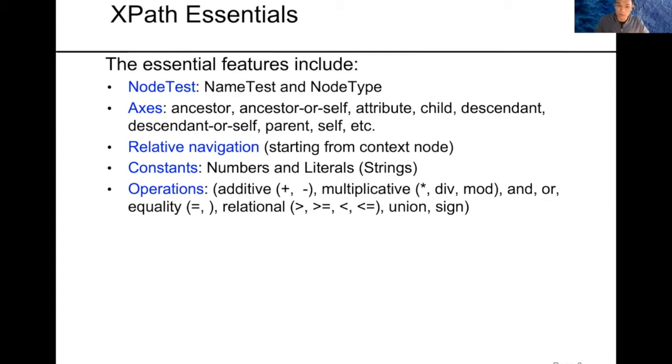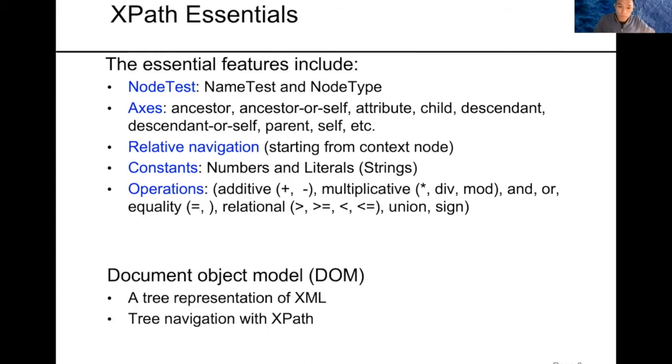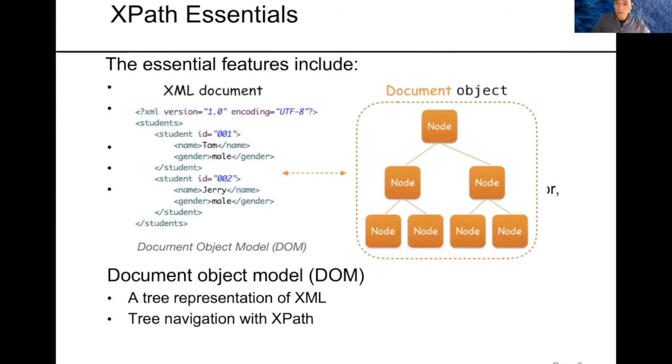The fourth one is constants, such as numbers and literals, and the last one is operations, such as additive, multiplicative, and, or, equality, relational, union, sign, and so on.